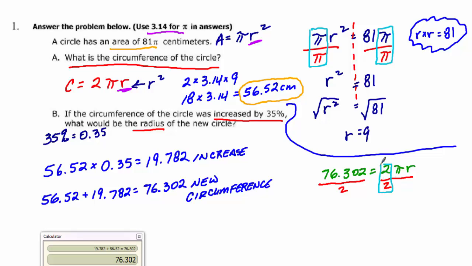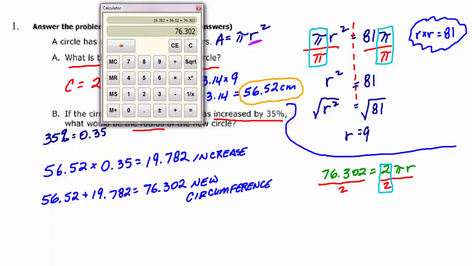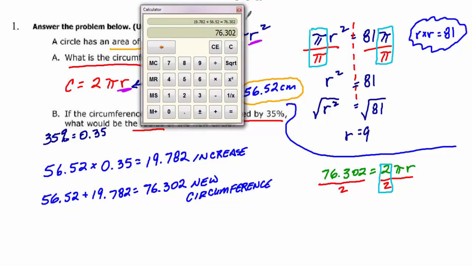Here's one of those big ones. Let me get my calculator up. I'm going to cover some of my former work, but that's all right. You can rewind, or at the end I'll take the calculator off in case you didn't copy that down. Let's clear this up. So we have 76.302. We're dividing that by 2.